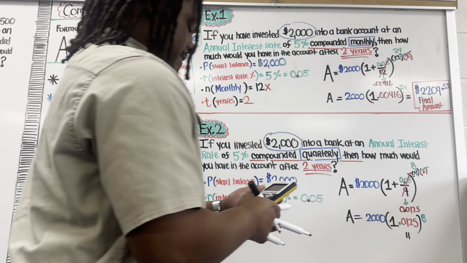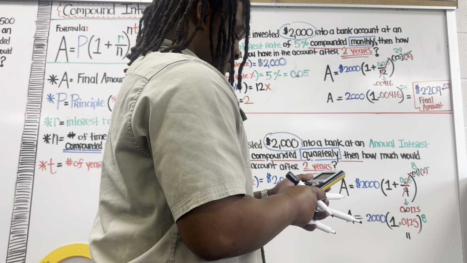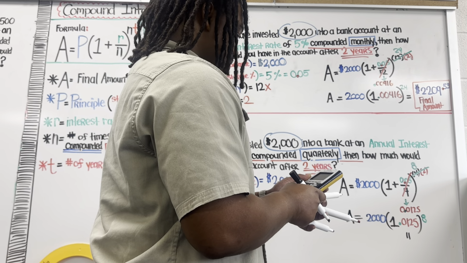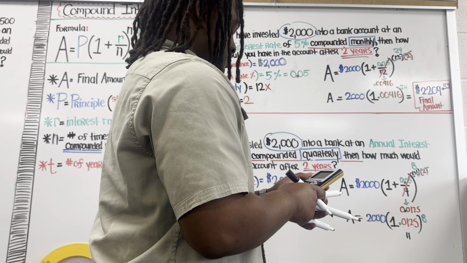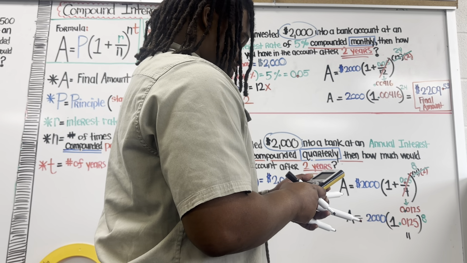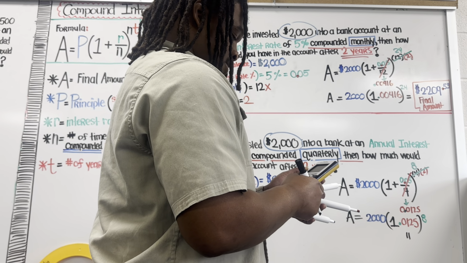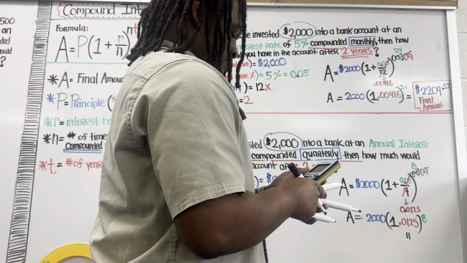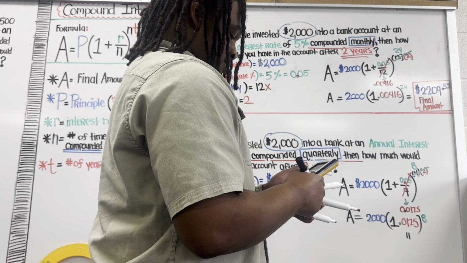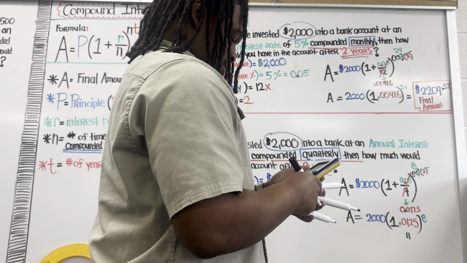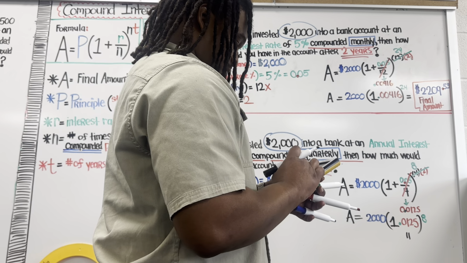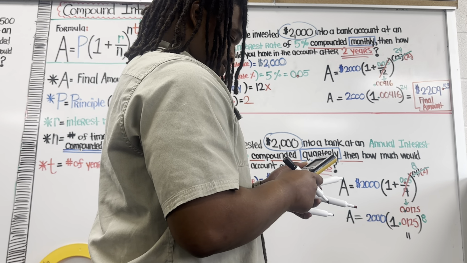So same thing, guys. I'm gonna have 2,000 times parentheses, and then put it again in the parentheses, 1.0125, parentheses to the 8th power, and then with another parentheses. Give me 1 second, let me fix this. Okay, boom, boom, boom.